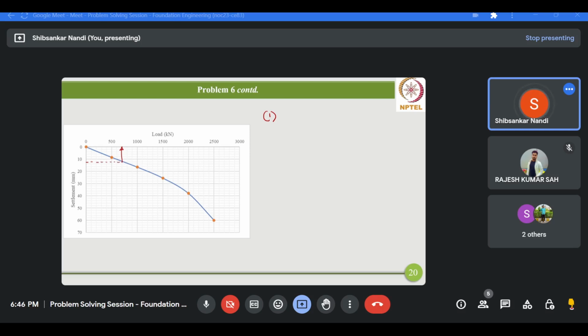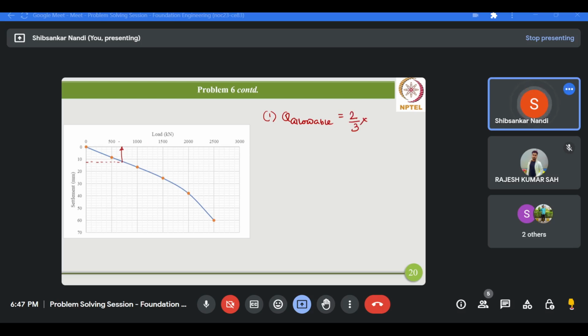So this is the load corresponding to 12 mm settlement. So that means 500, then 700. Sorry, this division is also, I think, 500 divided by 5, that is 100. So this is 700. Okay, so from the first condition, this Q allowable, we are getting 2/3 of this load.